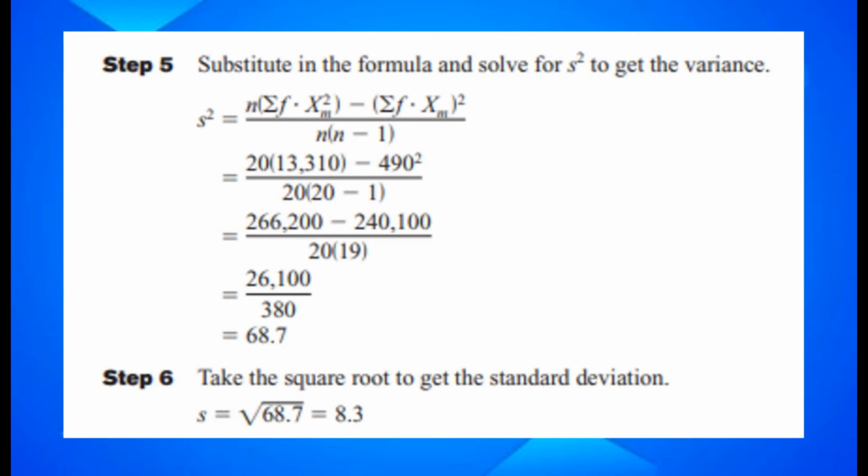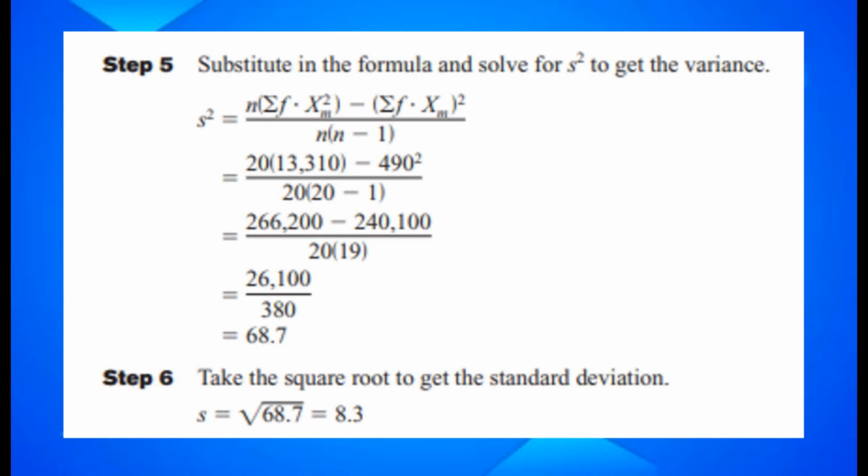S squared is equal to N, quantity, summation of F multiplied by the midpoint squared, then quantity minus quantity, summation of F multiplied by the midpoint, quantity squared, over N, quantity N minus 1, which is equal to 20, quantity 13,310 minus 490 squared over 20, quantity 20 minus 1, which is equal to 266,200 minus 240,100 over 20 multiplied by 19, which is equal to 26,100 over 380, which is equal to 68.7.